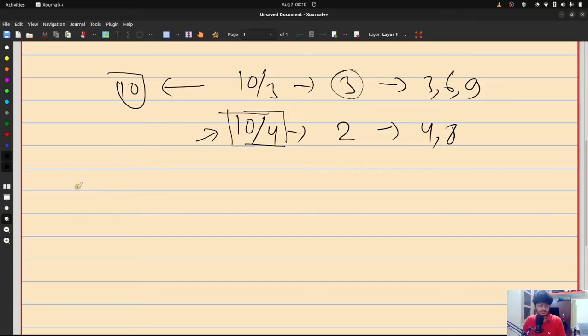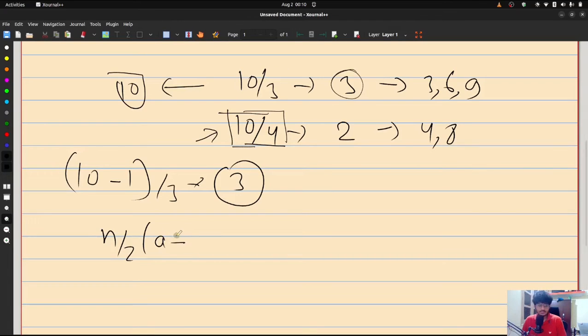Let's say for 10, we need to go strictly less than 10. So I say (10 minus 1) by 3, which is going to give me 3. So it is saying that we have three numbers which are multiples of 3 inside 10. So I'm going to use the arithmetic progression sum formula, which is n by 2 times (a plus l), where a is our first term and l is the last term.